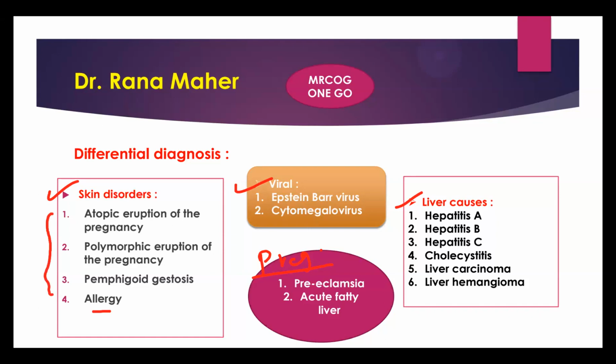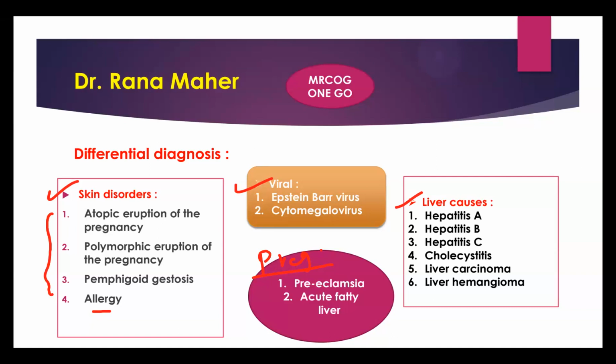So why are we going to put it here in the differential diagnosis? Because sometimes the lesions will start a little bit later, or sometimes we'll have an atypical presentation of any condition. So keep it in the differential diagnosis. I will show you the table in just 1 minute. It's not important here in part 3 to know anything about the other disorders, just to know the names of the disorders.